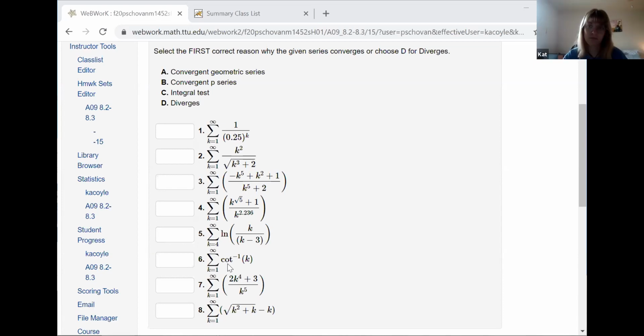So the inverse cotangent is some function that's bounded between 0 and pi, and as k gets large, it's going to approach that upper horizontal line at pi. So the inverse cotangent of k as k goes to infinity goes to pi, which is not 0. So by the test for divergence, this one diverges as well.